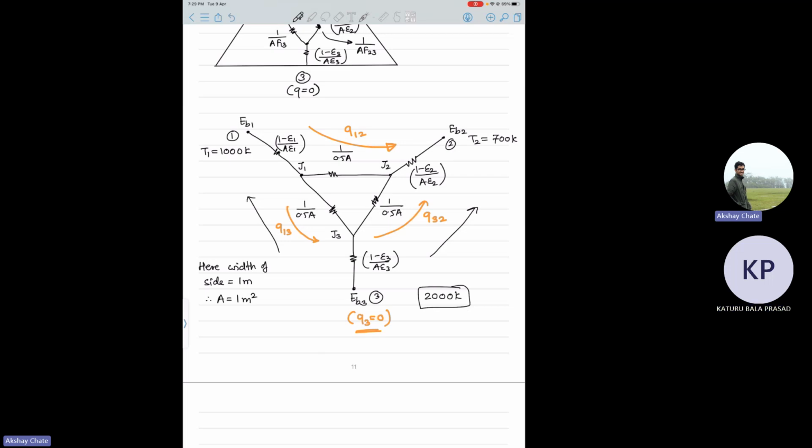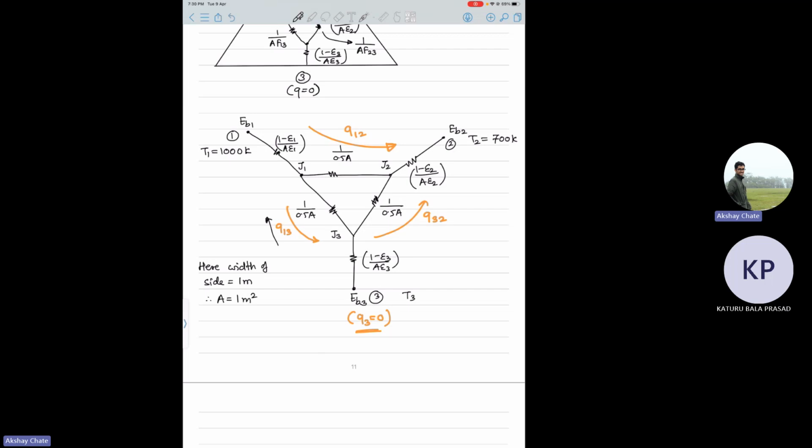Okay, that is also possible. Whatever it is, let's say we assume a certain temperature T3, which is unknown at this point, and we assume this direction, it may be wrong. What will happen if the actual direction of heat transfer is from 3 to 1?